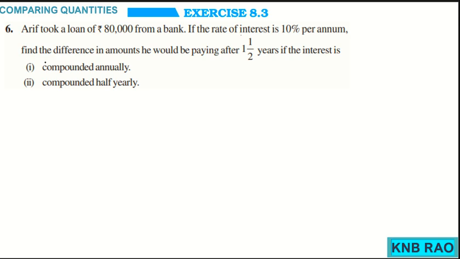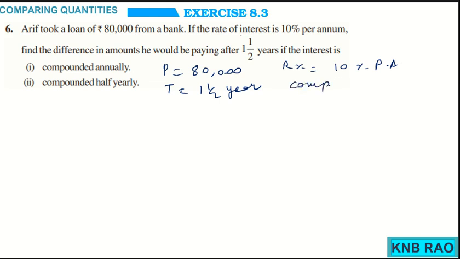In the second part of this question, the principal remains the same, that is 80,000. Time remains the same, 1.5 years, and rate of interest remains the same, 10% per annum, but compounded half yearly.